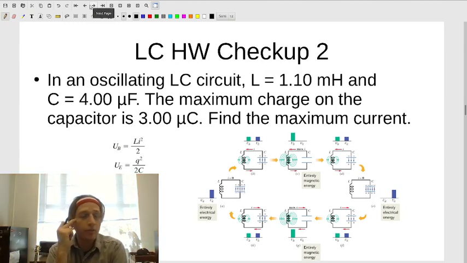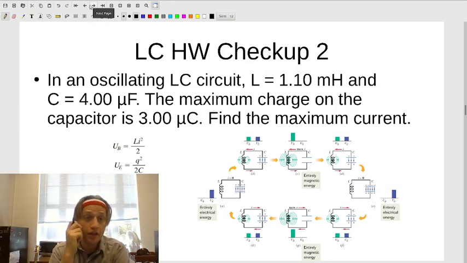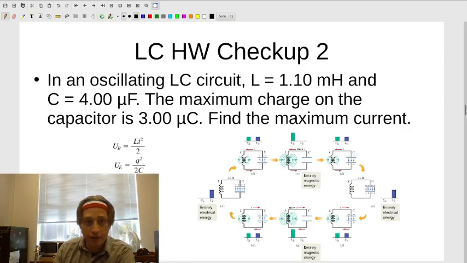Now the other problem that we did in our last video is the idea of comparing the maximum amount of charge and the maximum amount of current, and in this case you can do that by using the energy, because the total energy stored in the capacitor here is equal to the total energy stored in the inductor there.